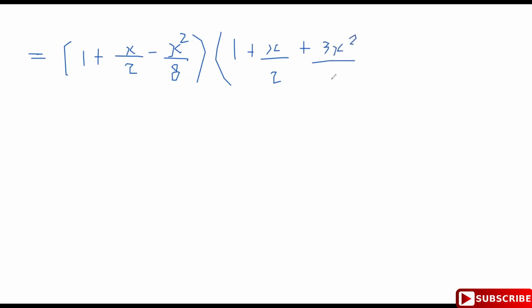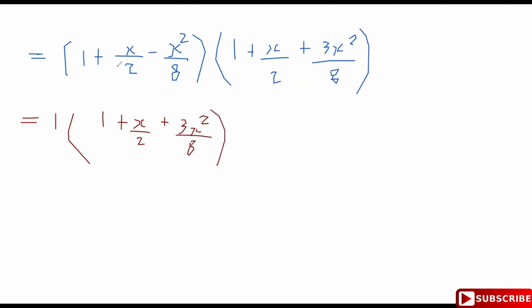And quite as we rightfully said, we're going to have to expand this by going 1 times all of this, which is 1 plus x over 2 plus 3x squared over 8.